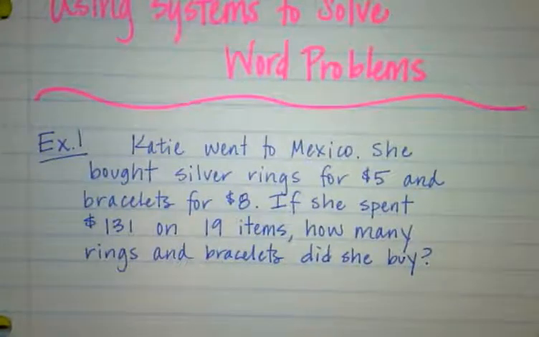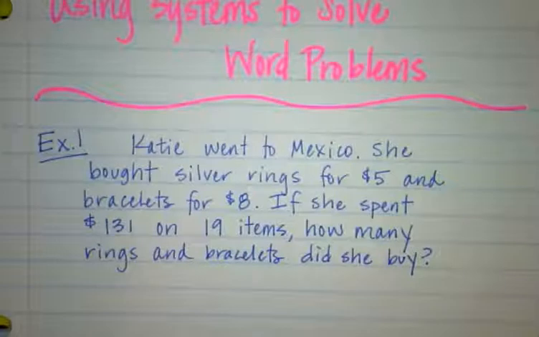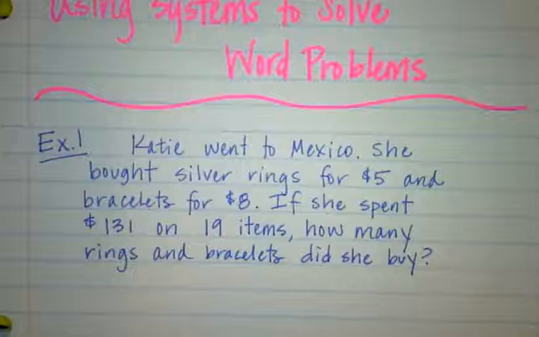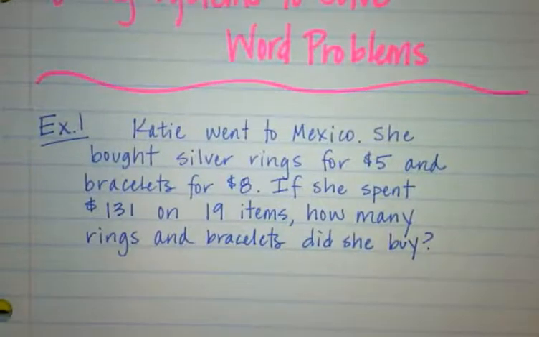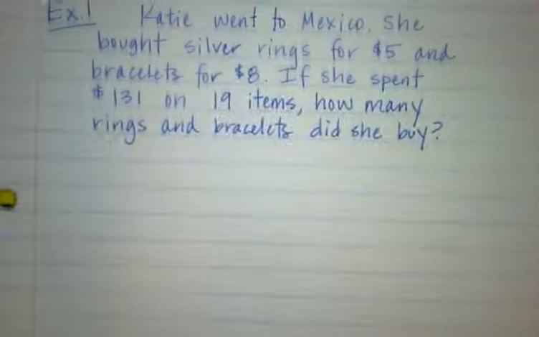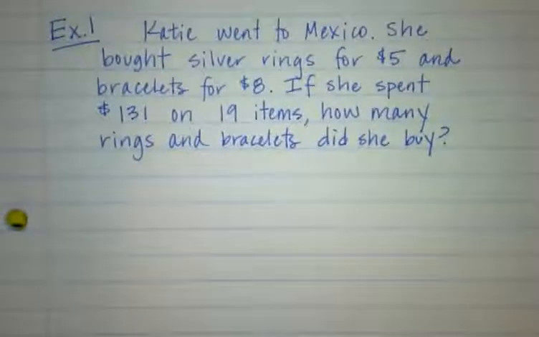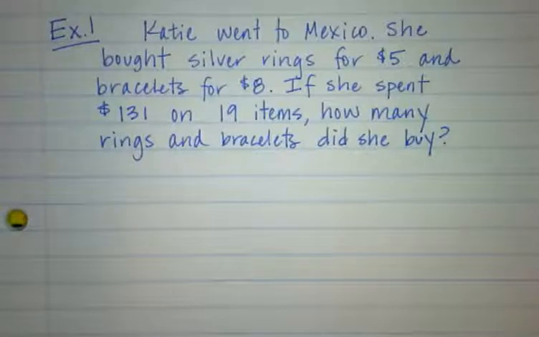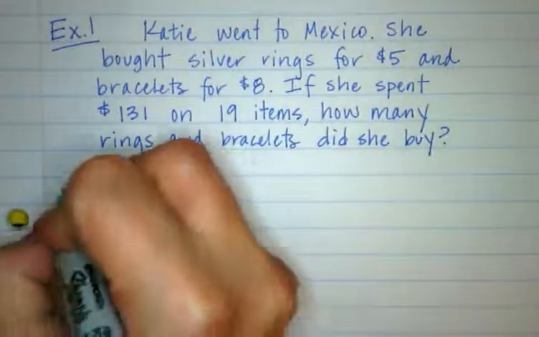Okay. So Katie went to Mexico. She bought silver rings for $5 and bracelets for $8. If she spent $131 on 19 items, how many rings and bracelets did she buy? I'm not going to use solving by graphing. The first thing that I'm going to do is, instead of using X and Y, use R for rings and B for bracelets.